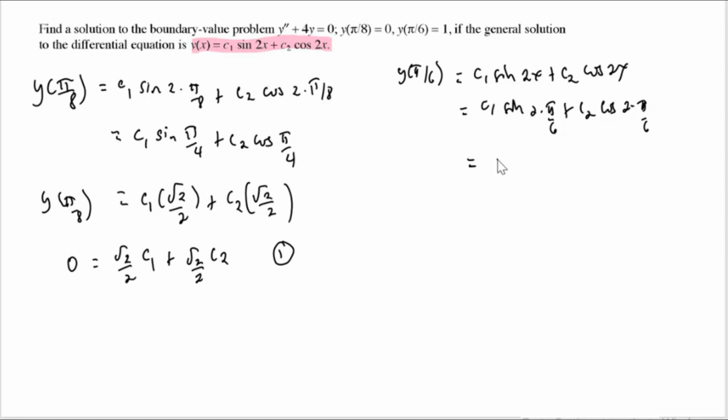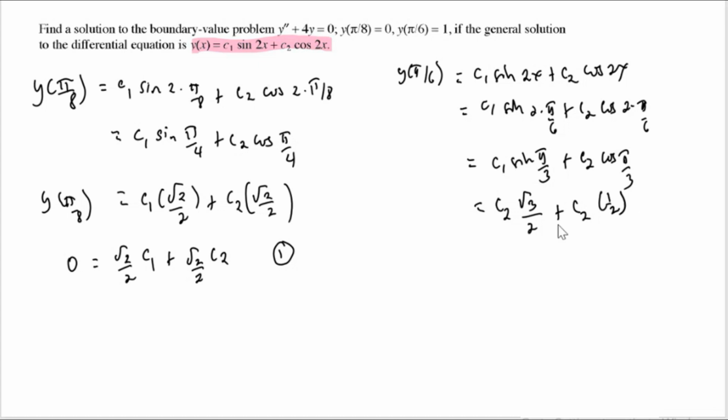Simplifying that, we have c sub 1 of sine of pi over 3 plus c sub 2 of cosine of pi over 3. Now taking the value of sine pi over 3 as well as cosine of pi over 3, this will give us c sub 1 of square root of 3 over 2 plus c sub 2 of cosine pi over 3, which is 1 half.